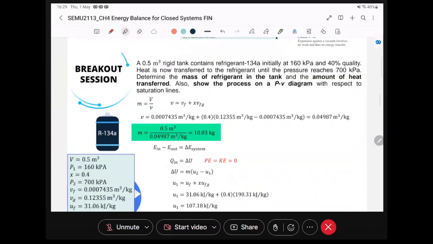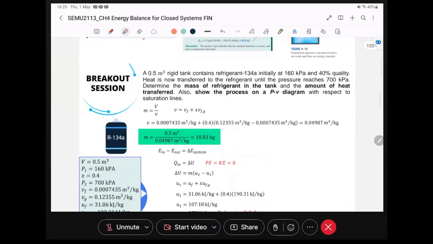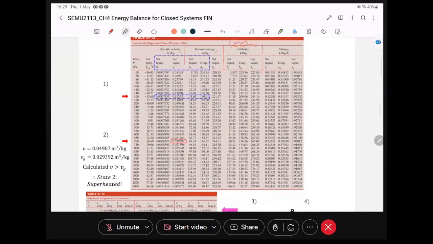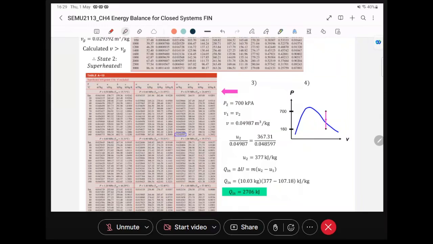And for this example here, well, this is a refrigerant R134. So for this, I will leave it to you to try. After this, there's a step-by-step solution as well, so you can cross-check it. Follow the example, try it, and then try without looking at the solution. Try to solve one time.